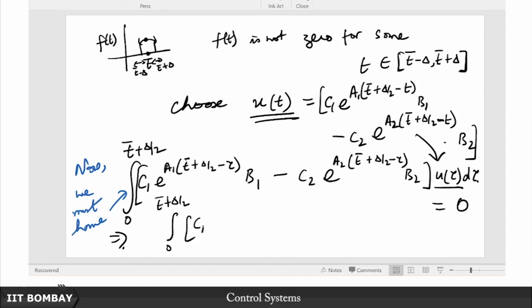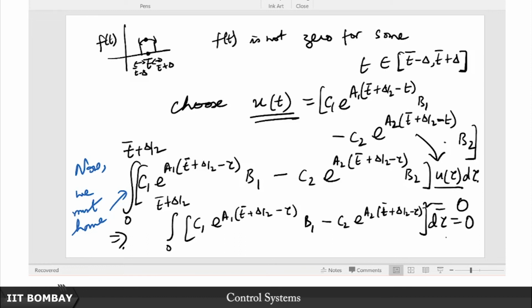So then what we get is the integral of c1 e to the power a1 (t bar plus delta by 2 minus tau) b1 minus c2 e to the power a2 (t bar plus delta by 2 minus tau) b2, the whole thing squared, d tau, must be equal to 0.